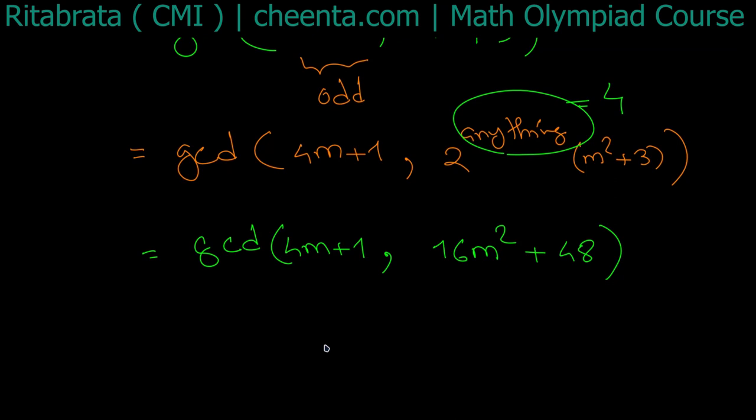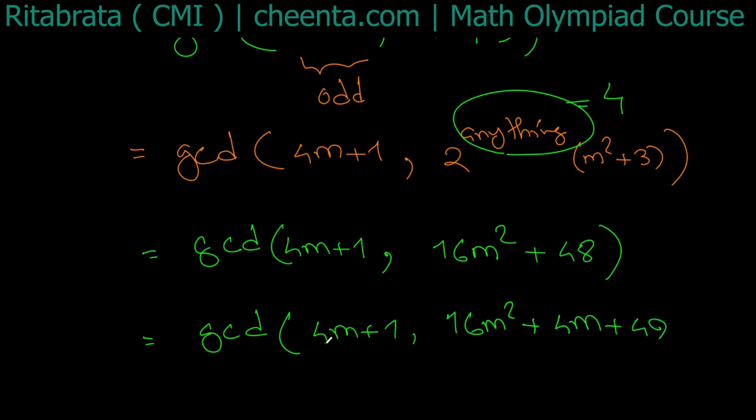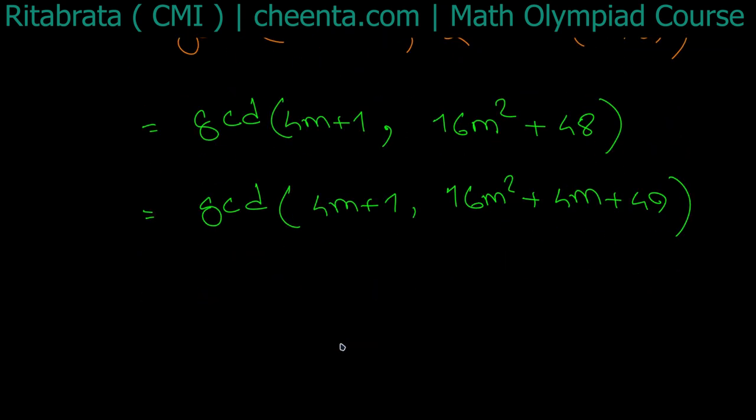Now this looks interesting. Can you reduce it furthermore? This is the same if we add them. So just add this thing: 16m squared plus 4m plus 49. Now this part is just 4m times 4m plus 1.